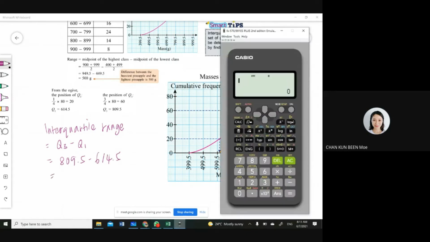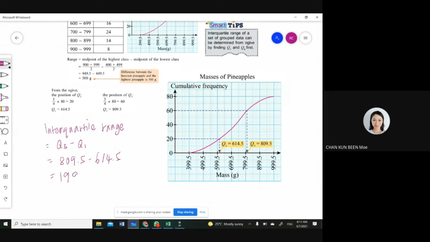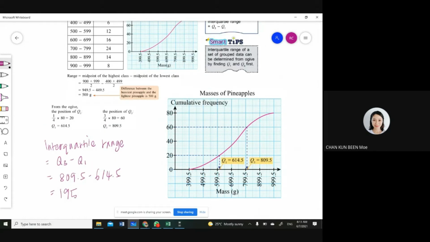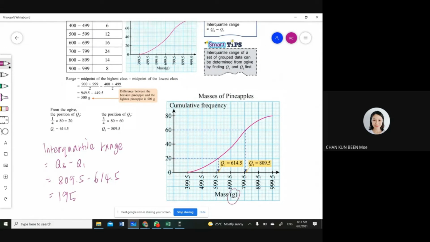You can use your calculator. 809.5 minus 614.5, so the answer is 195. And then 195, you refer to the mass. The mass is in gram. 195 gram. Any question, class?